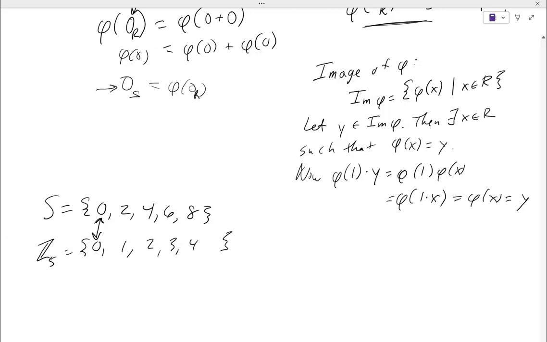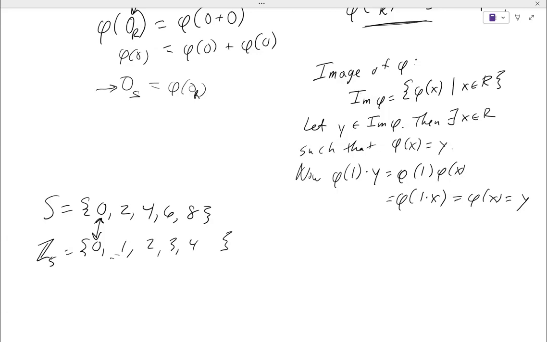But what I need to know is, where does 1 go, right? So if they're going to be isomorphic, I need to figure out where 1 goes, right? Well, we just established it's not 2, right? So you only have 3 more choices to check. Which of these things is the identity? Well, let's square them all and see what we get first.